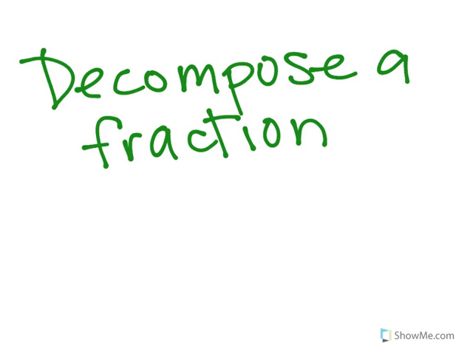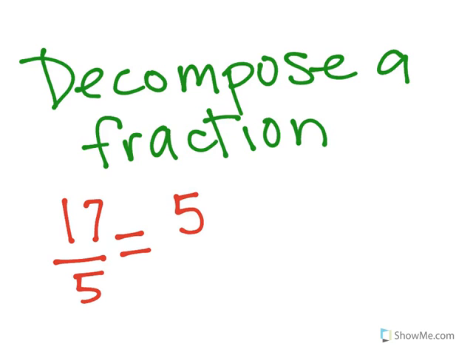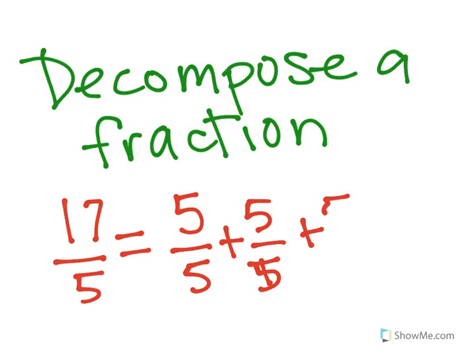Now we're going to talk about decomposing a fraction. If I have 17/5, I know that this is 5/5 plus 5/5, that's 10 so far, plus 5/5, that's 15/5 so far, plus how many more fifths?